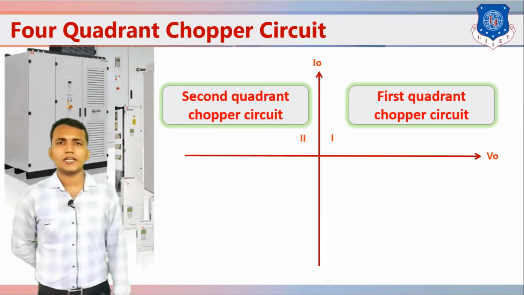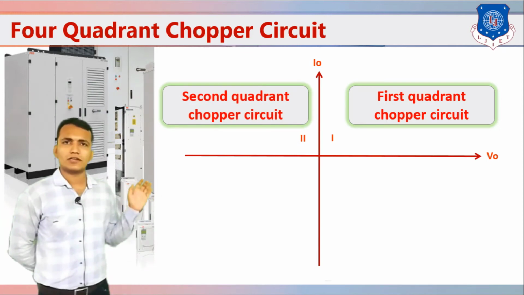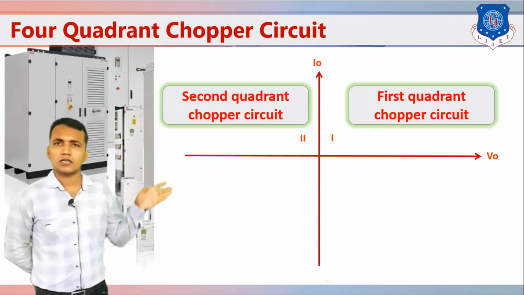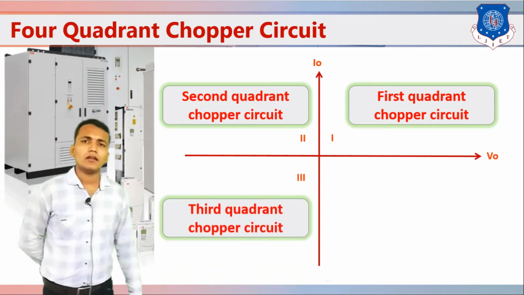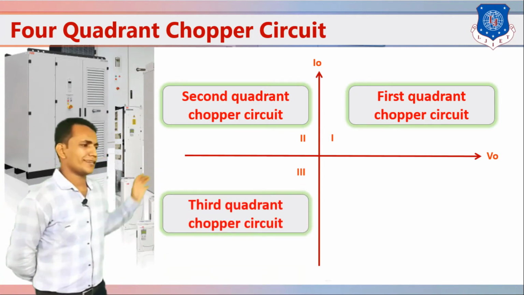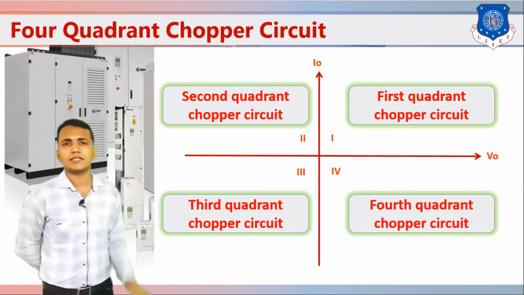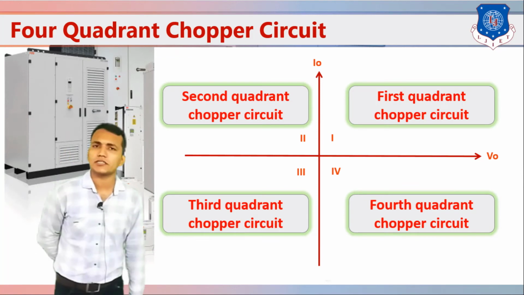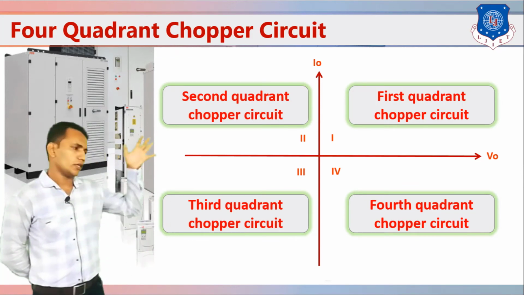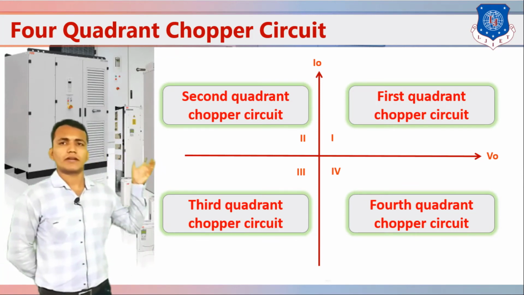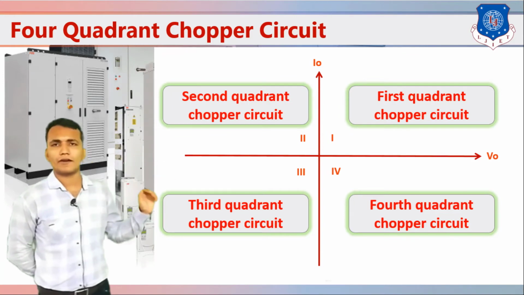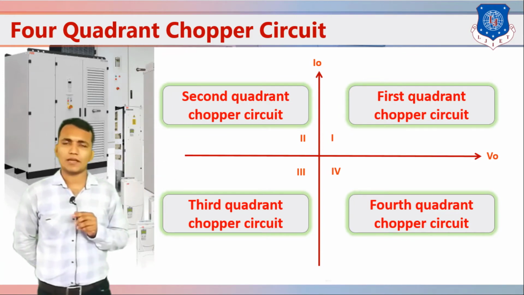Here the voltage is negative, but the current is still positive. Then in the third quadrant, voltage and current both are negative. Then in the fourth quadrant, the current is negative, but the voltage is still positive. In this way we can explain how the 4-quadrant chopper circuit operates.